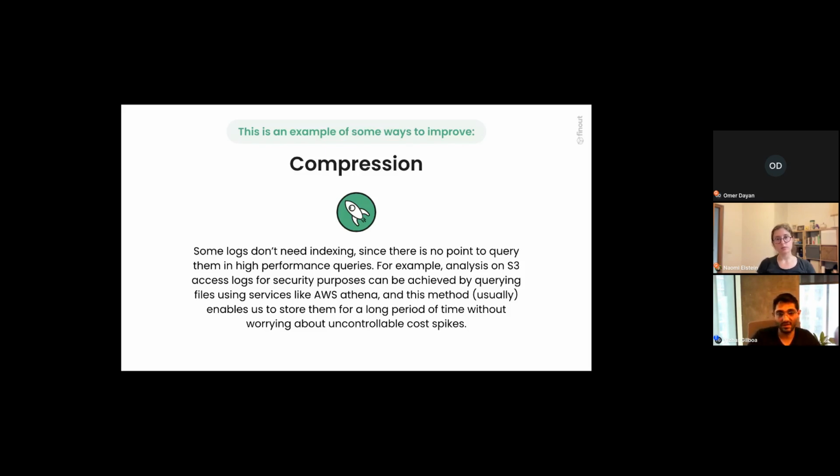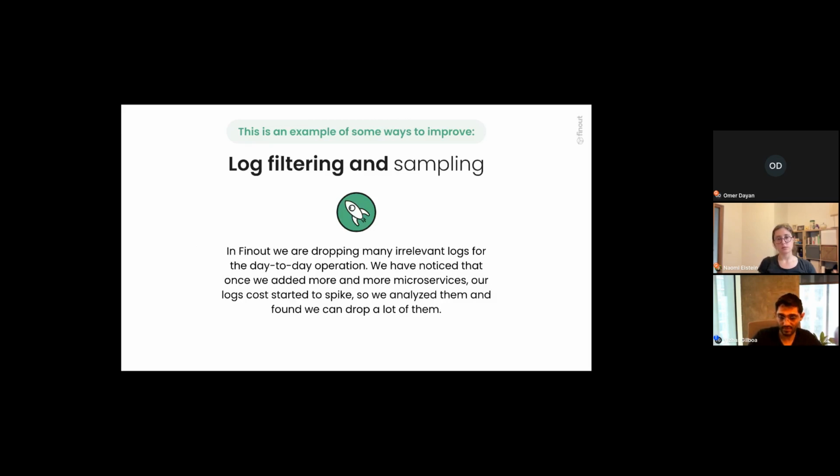And another method that we've applied is to drop logs, obviously, because when we first started writing our microservices, we didn't have any filters, and it started to spike very fast. And we analyzed it, and we saw that there were specific families of logs that were very redundant in the system that we didn't need.